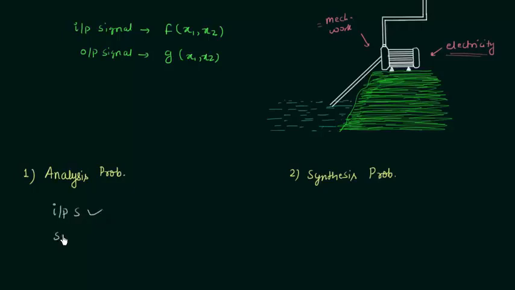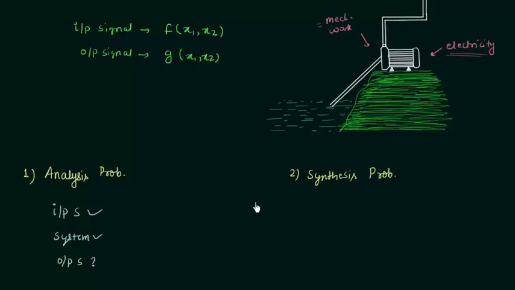We have the system. The system is there, and we have to find out the output signal. In other words, we have the system, we have the input signal, and we need to find out the response of the system. This type of problem is the most general type, and there is always a solution of this type of problem.